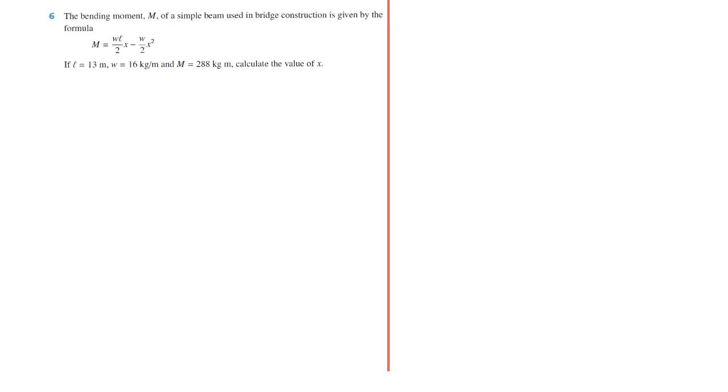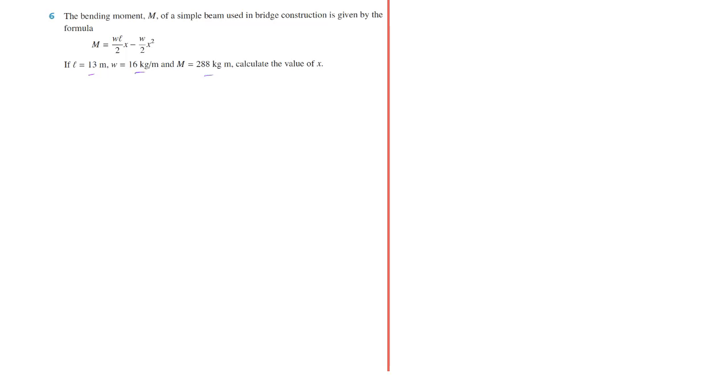Now, this next section is about word problems, but they're actually not that difficult. So, for example, in question 6, it looks like there's lots of different things in it, but we're actually given a whole lot of values. So we just need to look at it and read the question, not worry about it or freak out about it. We're told that L has a value, W has a value, M has a value.